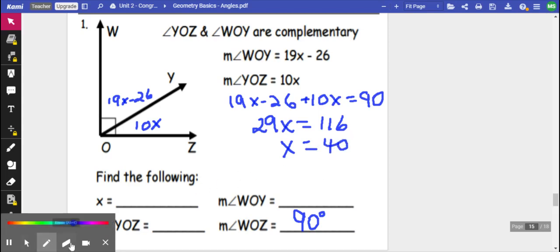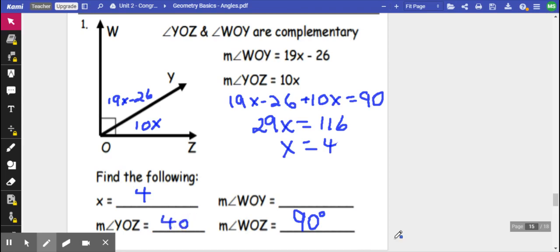Not 4, not 40. And we know we can fill that in for x down at the bottom. And YOZ is 10x. So 10 times 4 would mean this is a 40-degree angle. And just by process of elimination, 90 minus 40 would only leave 50 degrees left for angle WOY. And that completes problem number 1.